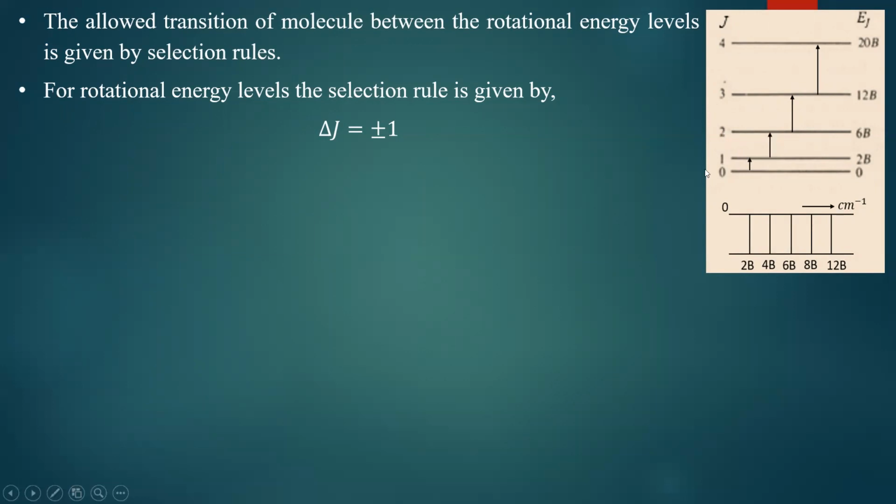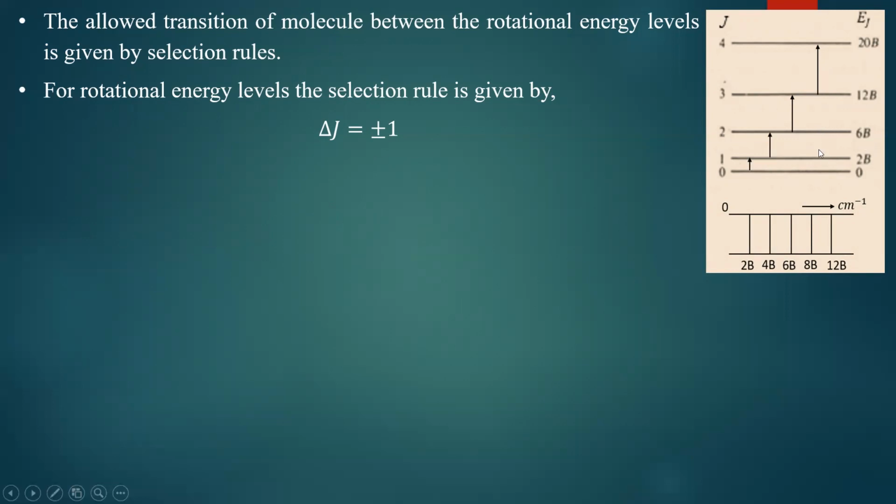It is -1 like this. So transition is allowed between neighboring states only. The molecule cannot go from 0 to the third state or fourth state directly. It can go one by one. It can go from 0 to 1, or from 1 to 2, 2 to 3, like that. So the only change of J value allowed is ±1.